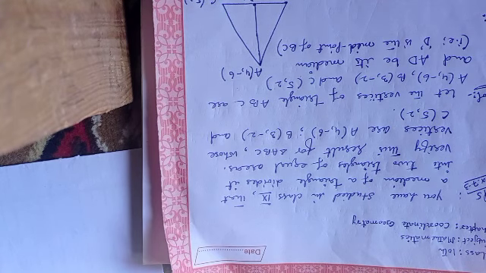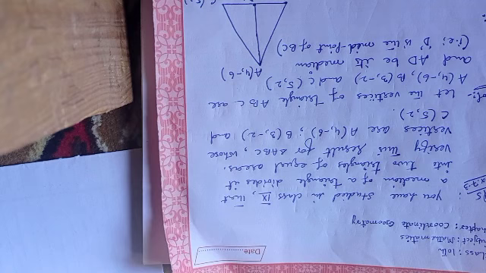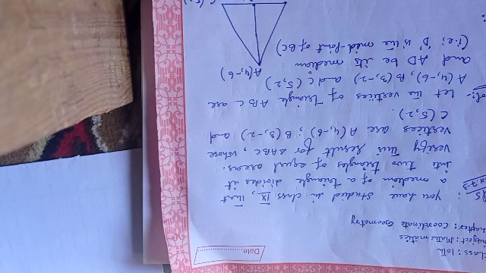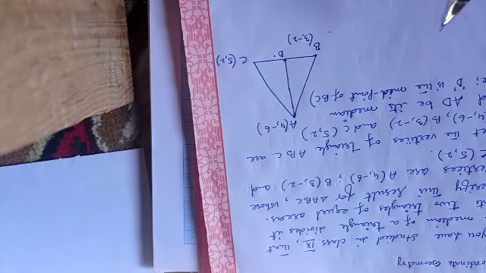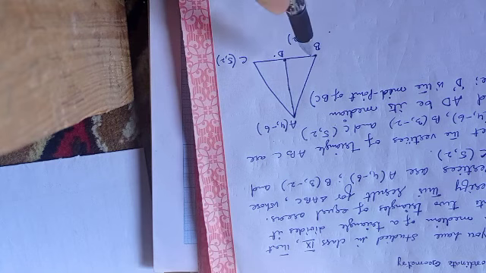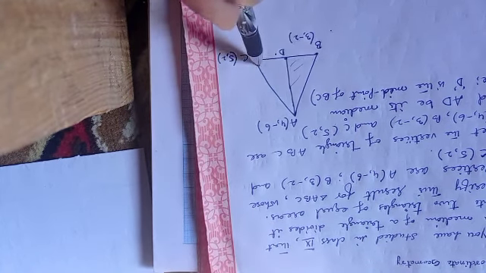So we know that a median is drawn from any vertex of a triangle to its opposite side, and this bisects the opposite side. Let AD be the median to side BC, then BD is equal to DC. So here we first find the coordinates of D. When we find the coordinates of D, then we also get the three vertices of this triangle and this triangle.